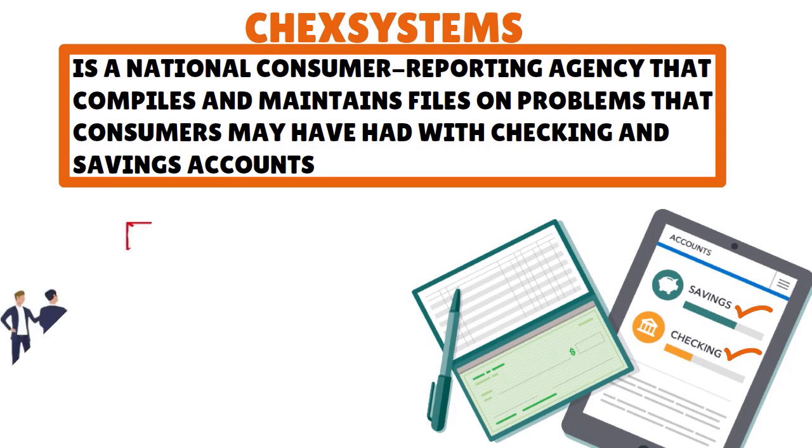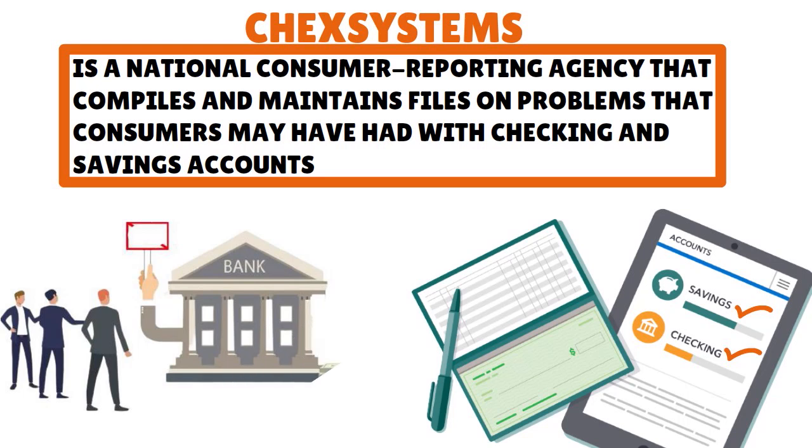When I speak about financial institutions, I'm talking about traditional banks, savings and loans, credit unions, and online banks. A lot of people think that online banks don't use Check Systems. Some online banks don't, but a lot of them do.